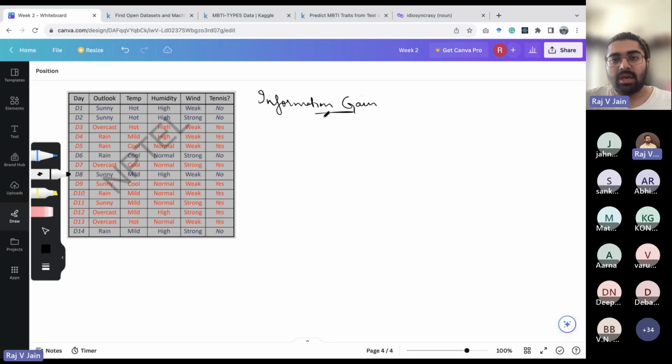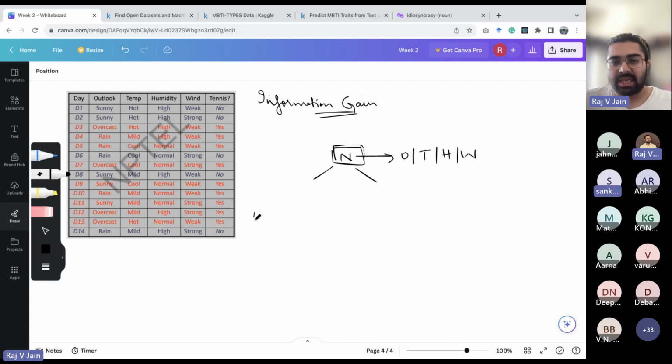And what we do here is, let's say I have a node for some feature, let's say n. This n can be any of these features: Outlook, Temperature, Humidity, or Wind. For each of these possible values, I can have multiple children.